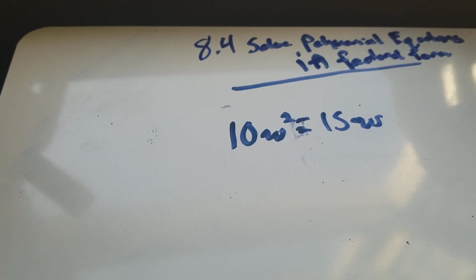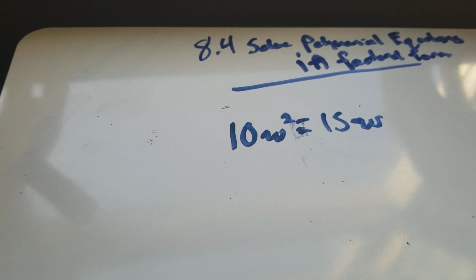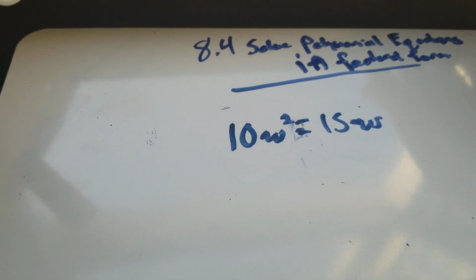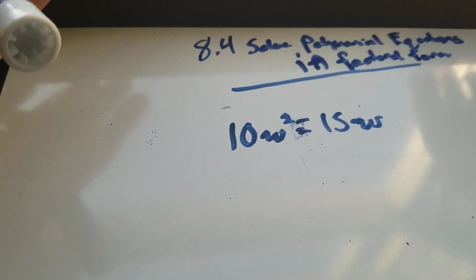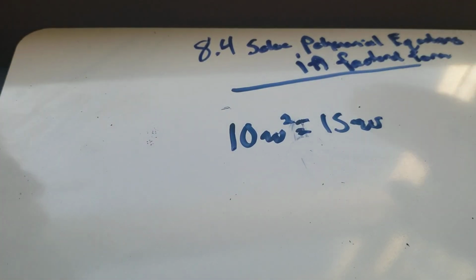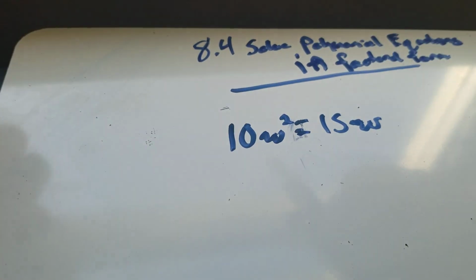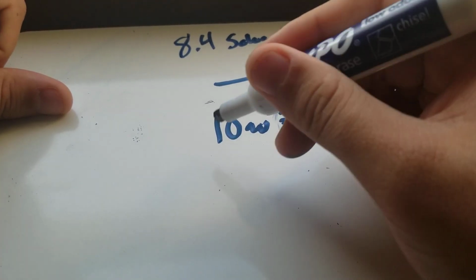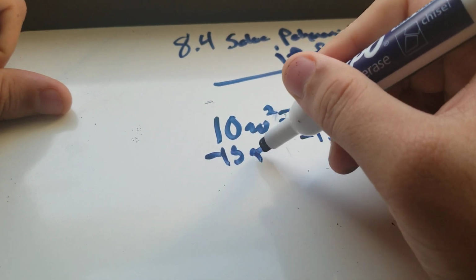All right, the big issue, if you thought about it, is that it's supposed to equal 0. Now, what's the problem right now? It does not equal 0. So what are we going to do? We're going to do a simple subtraction. So I'm going to do minus 15w on both sides.